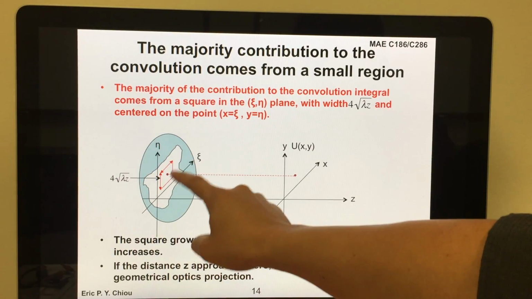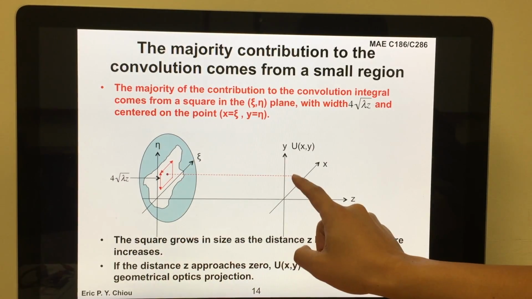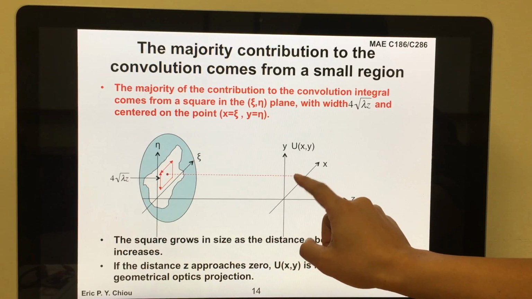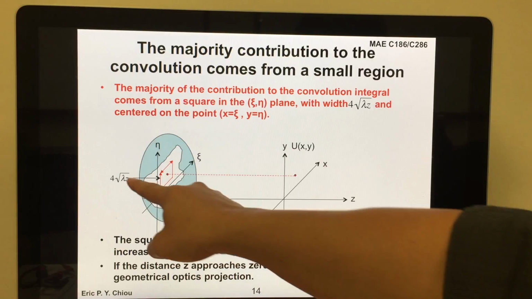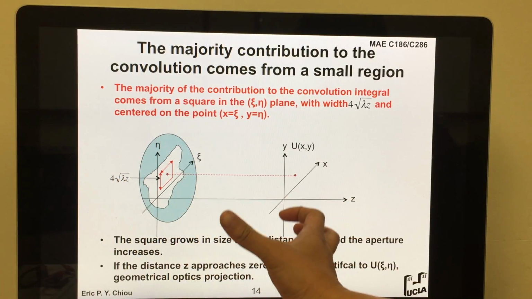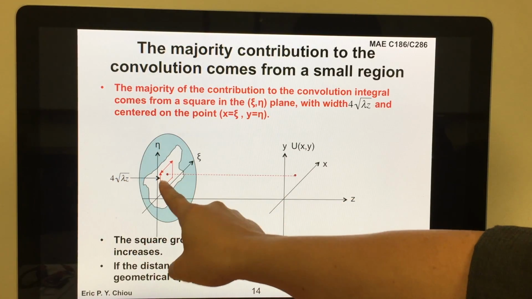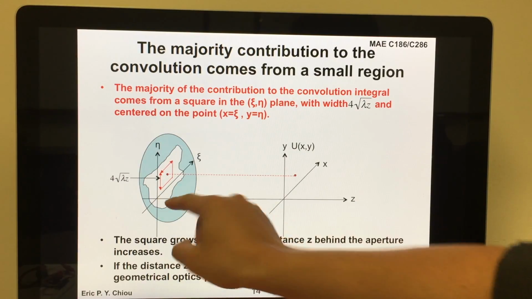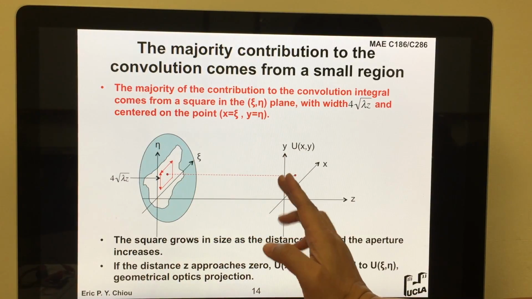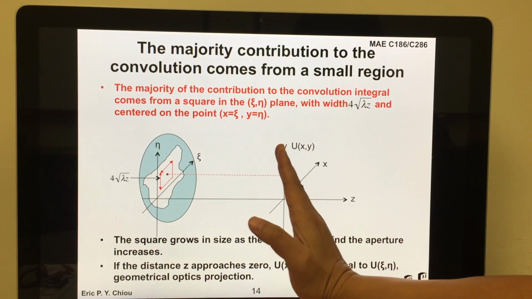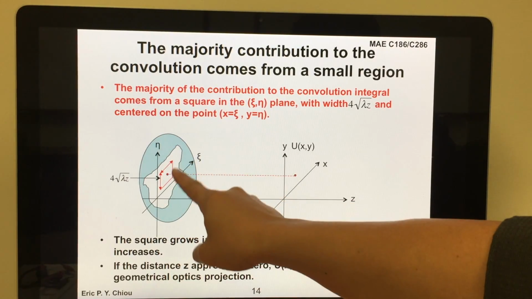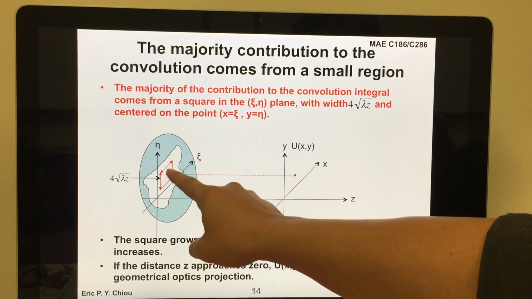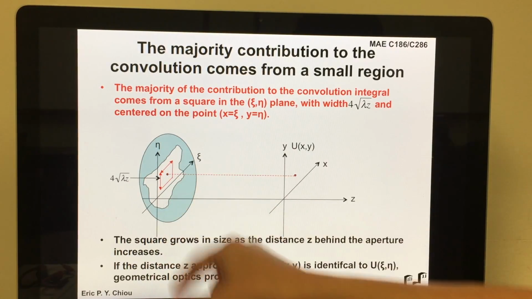Only the points within this square can contribute significantly to the point in the image plane here. This range depends on the relative distance of these two planes. So if your image plane is moved to a location much closer than the object plane, this can be shrunk to very, very small.